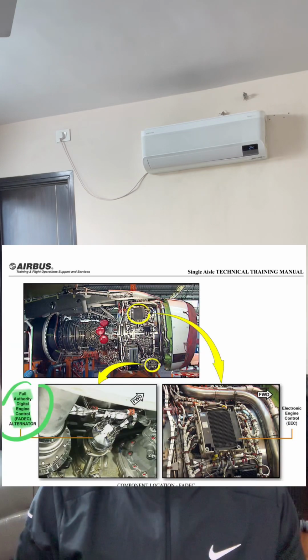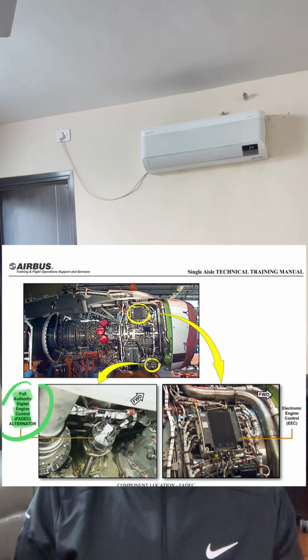Okay, so now to the meat of the matter, and that is why on the Pratt & Whitney Neo aircraft we can sometimes view the engine oil quantity without having to ground power up the FADECs. The reason is that, remember how I mentioned that the FADEC has its own power source, its own alternator which is run by the engine and kicks in at about 10 to 12% N2.